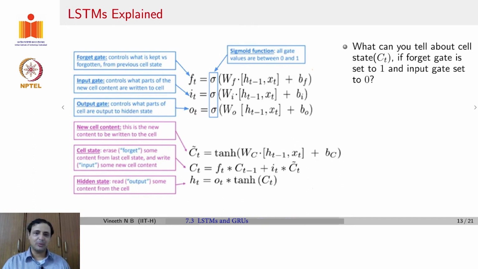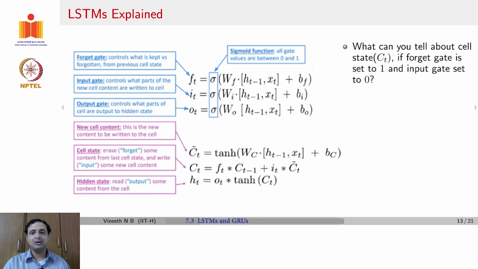Let's ask a couple of questions here to understand how this entire setup works. What can you tell about the cell state Ct if the forget gate is set to 1 and the input gate is set to 0? Let's try to analyze this. The forget gate is set to all ones and the input gate is set to zeros.